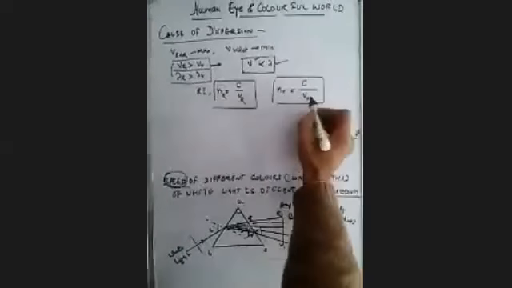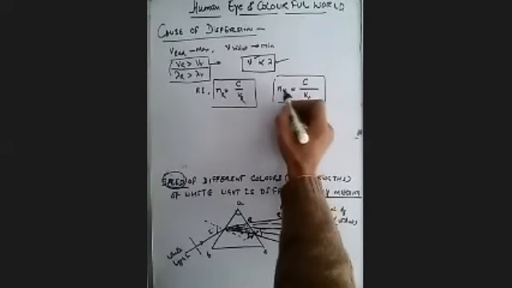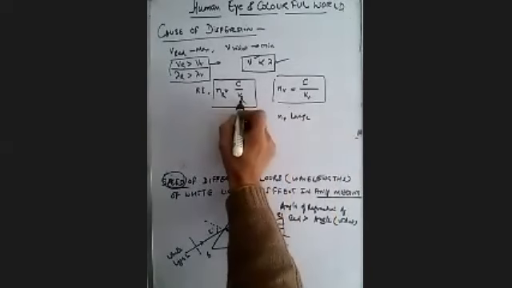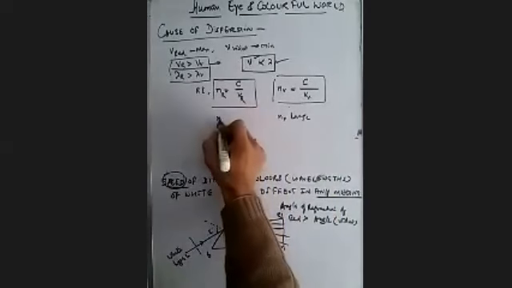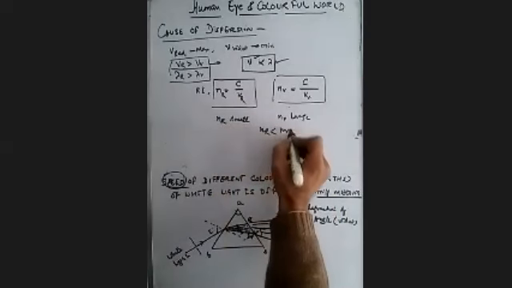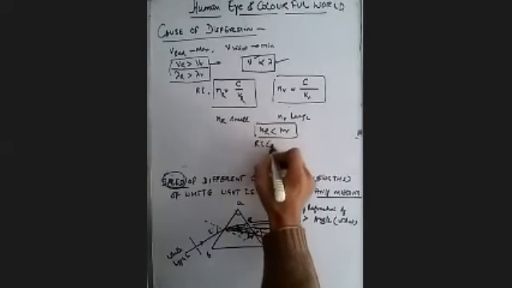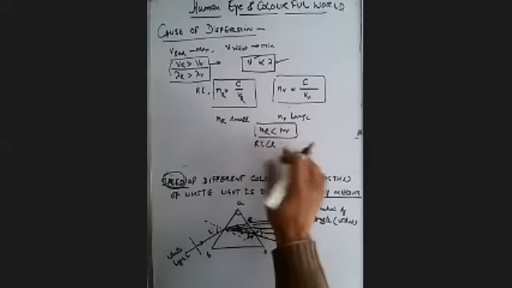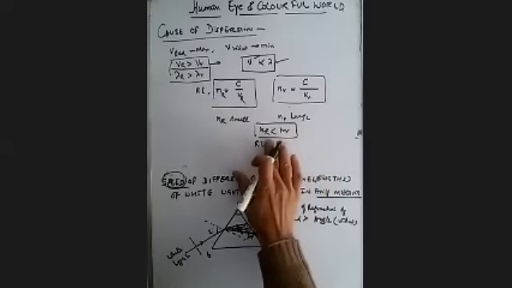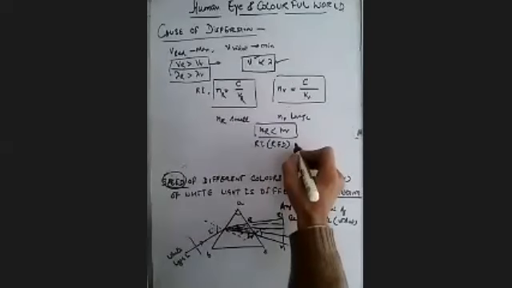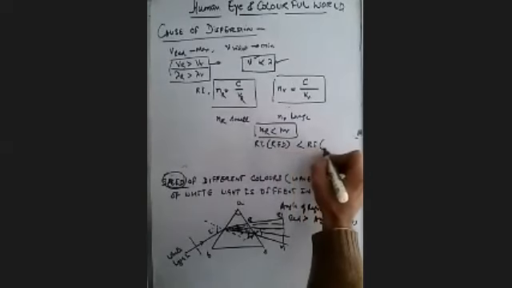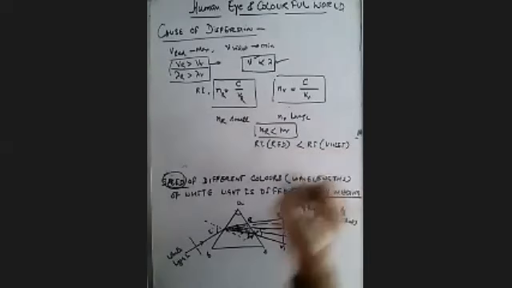Because this speed is small, this value n_V will be large, and because V_R is large, n_R will be small. n_R is less than n_V. So the refractive index of glass for red color is less than the refractive index of glass for violet color.